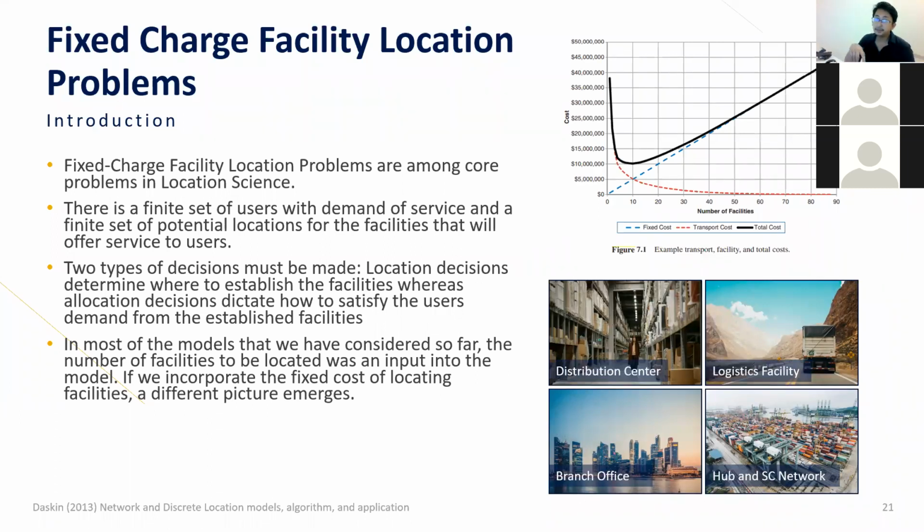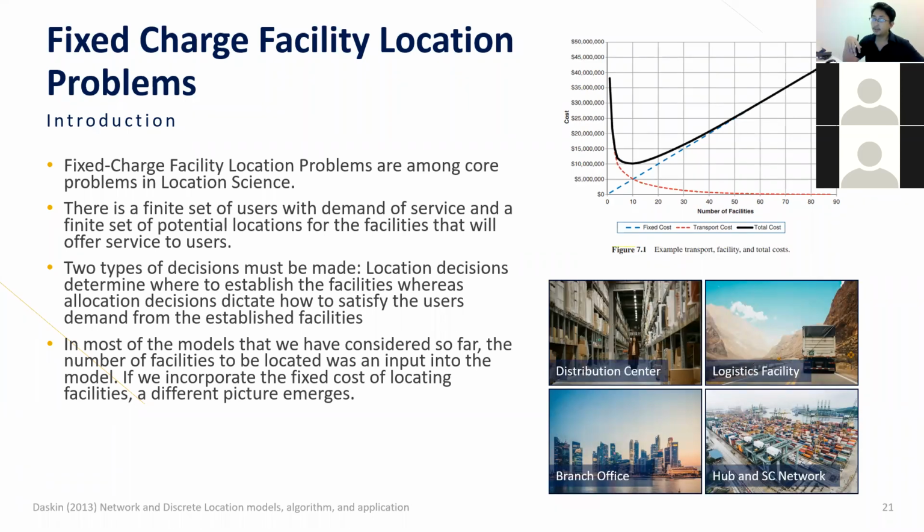In median problems, we take into account the demand multiplied by distance for each of the nodes that is being covered by each facility. But for this one, we also take into account the cost of utilizing those facilities.